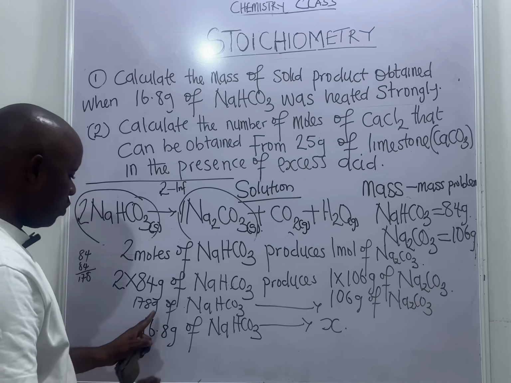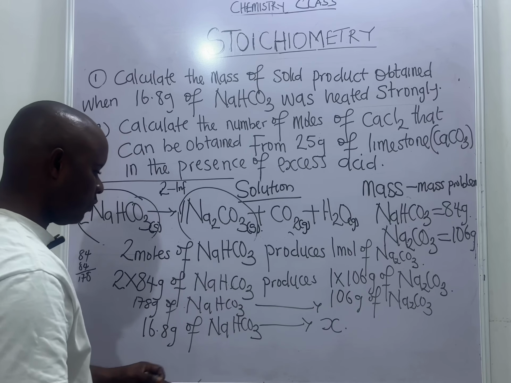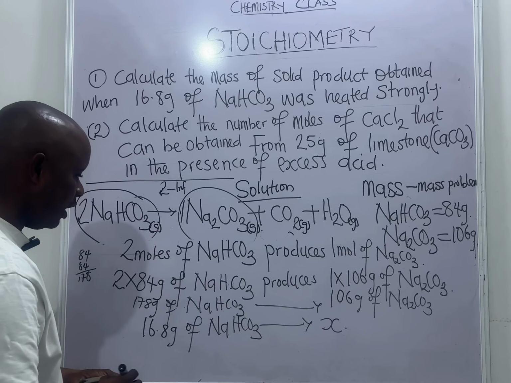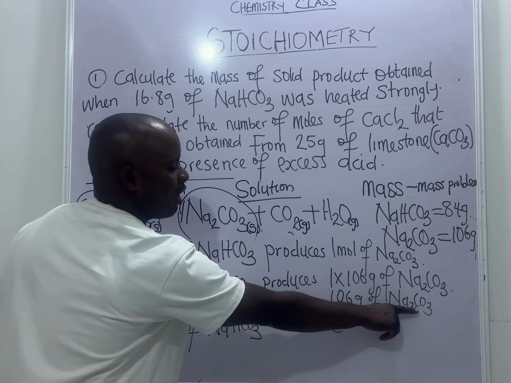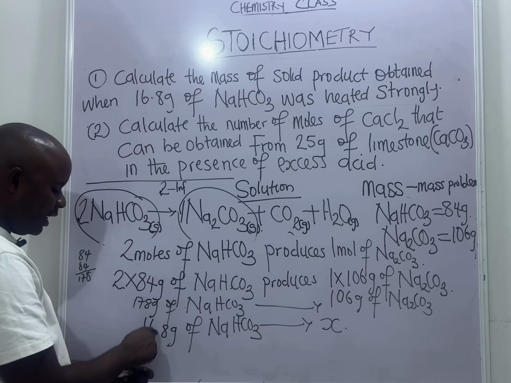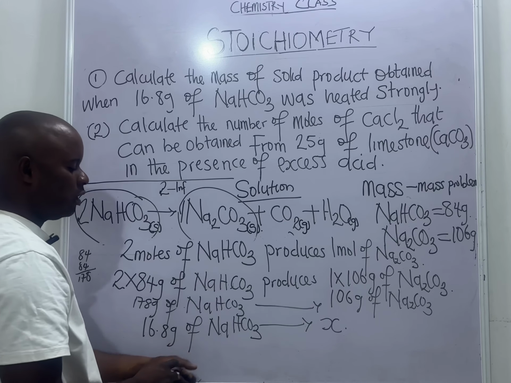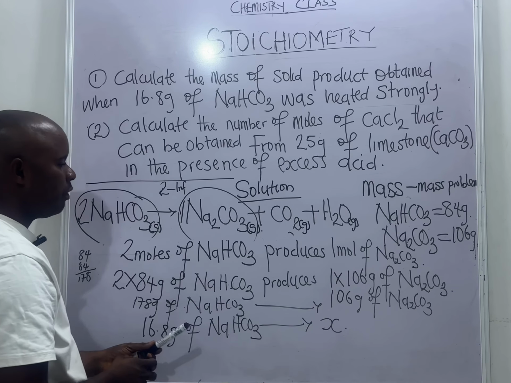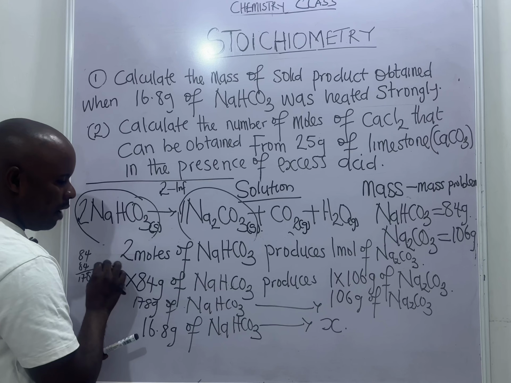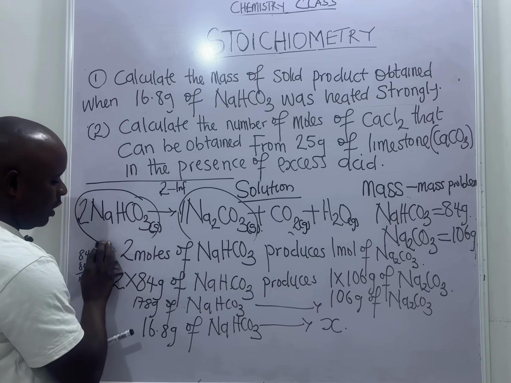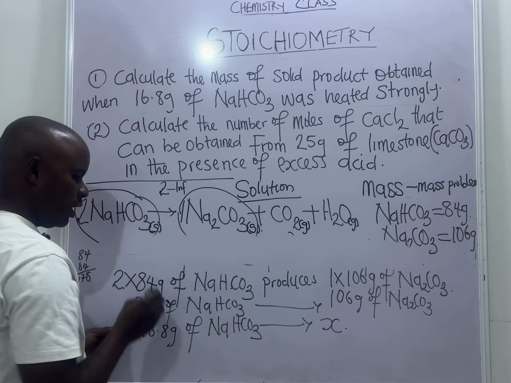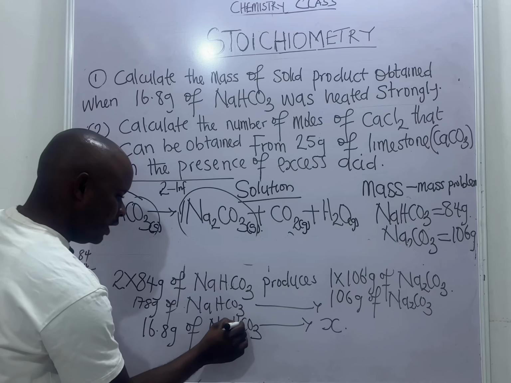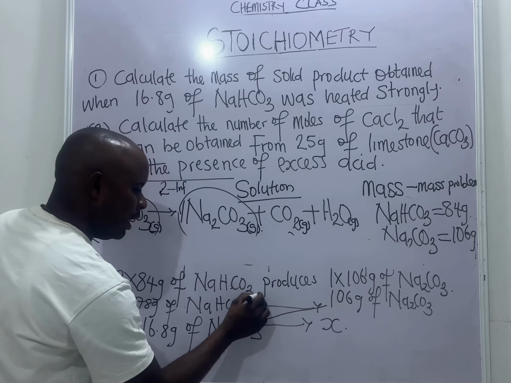By so doing, we can cross multiply so that for us to have the gram of sodium carbonate that is obtained from 16.8 gram of sodium hydrogen trioxocarbonate. So by so doing, let's wipe this so that it will be clearer. So let's cross multiply this so that the equation will be linear.